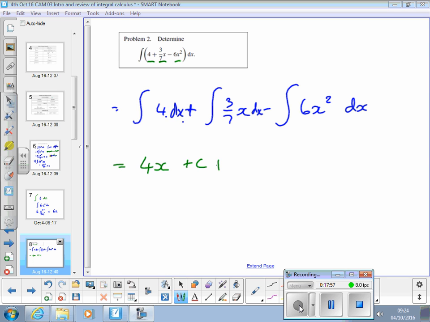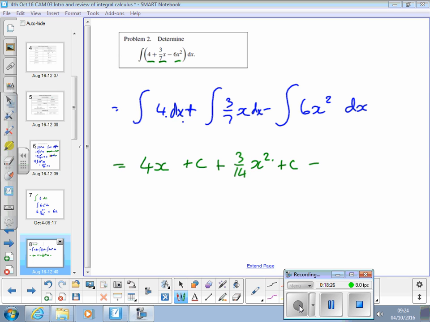And then we've got a plus integral of 3/7 x, which is three 14ths of x squared plus its own constant.